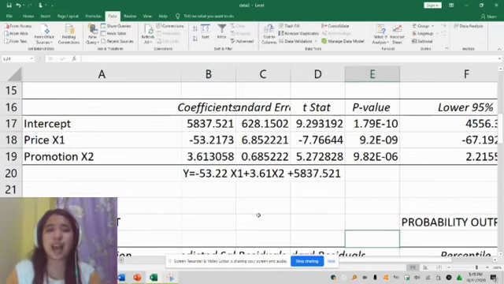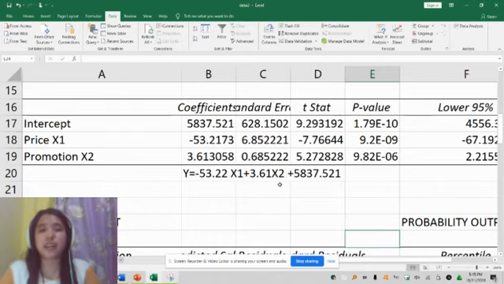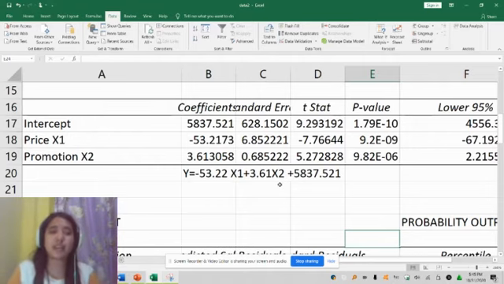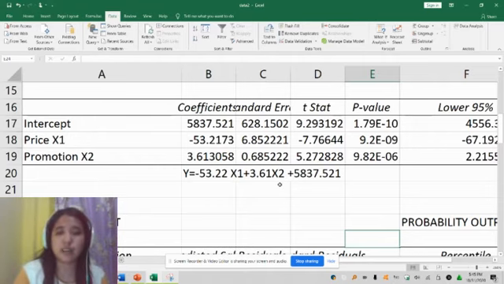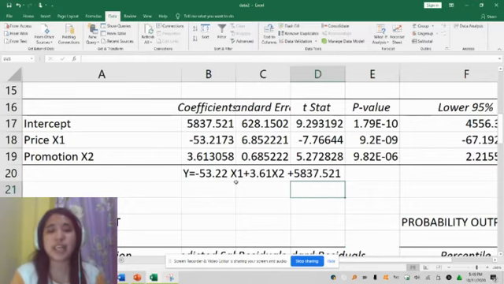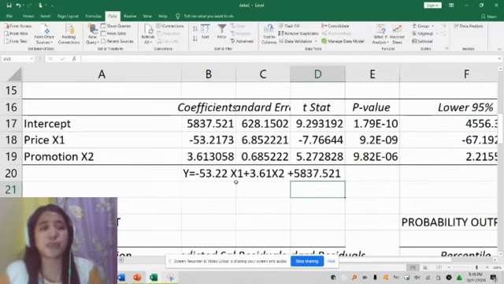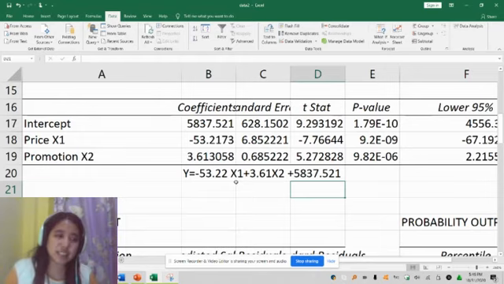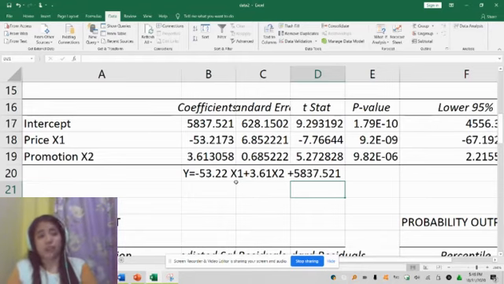This means that for every 1 unit increase in price, there is a decrease of 53.22 in the sales. While if there is a 1 unit increase in the promotion, there is a 3.61 increase in the sales. And of course, if we set x sub 1 and x sub 2 to 0, which means there is no price and there is no promotion, there is a y-intercept of 5,837.52.